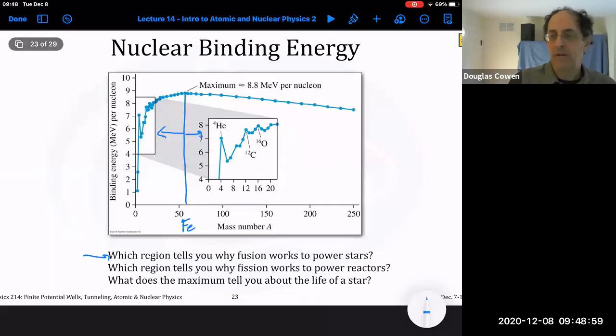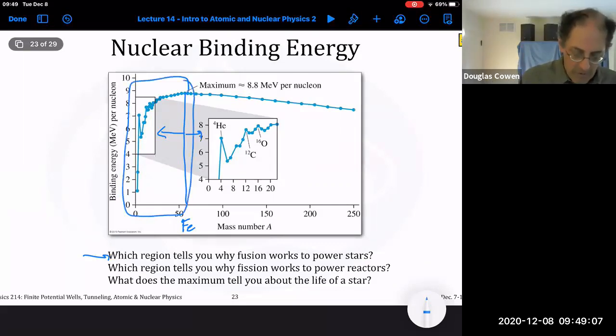So yeah, left is for fusion and right is for fission. Very good. So this region over here shows you what happens most of the time when lighter elements are fused together to form heavier elements. You get energy released because the binding energy becomes larger and larger, more and more negative, if you will.